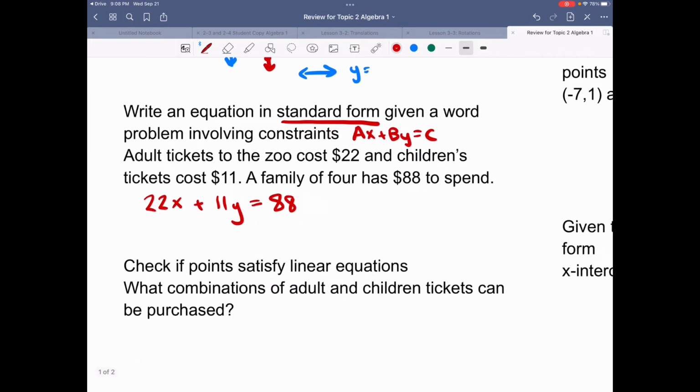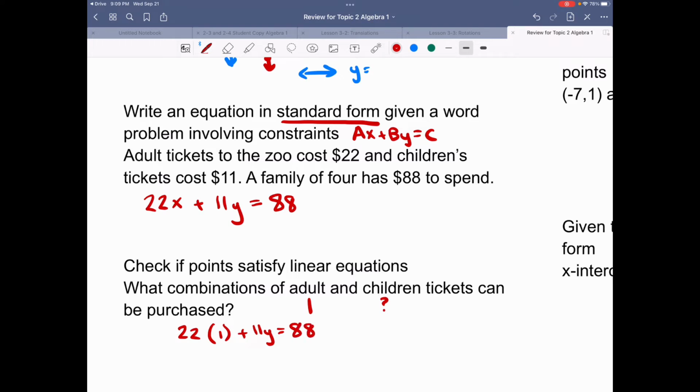Check if points satisfy linear equations. What combinations of adult and children tickets can be purchased? So I'm going to start with one adult, and I want to know how many children tickets we can get. Using this same equation, 22, for x I'm going to plug in one adult plus 11y equals 88.